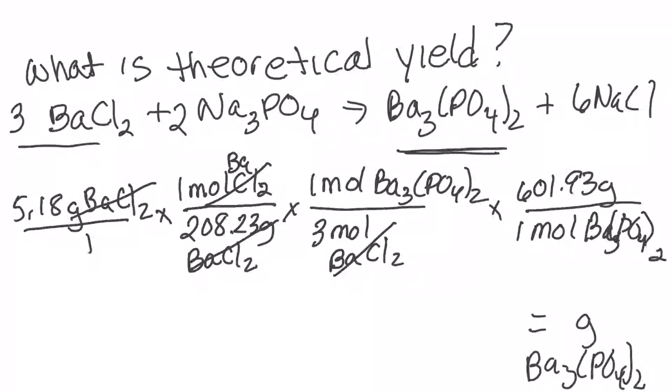I'm running out of room on the side, so I'm going to just ditto that. So now I've set that up. I just take out my calculator, 5.18 divided by 208.23 divided by 3 times 601.93 gives me an answer of 4.99 when I round it, grams of barium phosphate. So that's how much I should have produced.